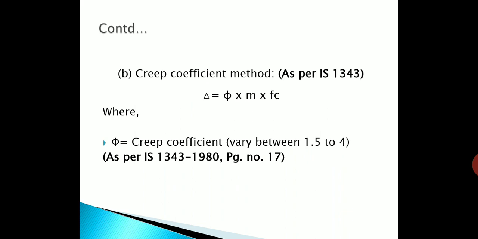It depends on various conditions such as temperature, humidity, etc. It is given in IS 1343 1980 codebook, page number 17. So you can apply either the ultimate creep strain method or the creep coefficient method depending on what is asked and what the given data is. There will be a bit of variation between both the answers.